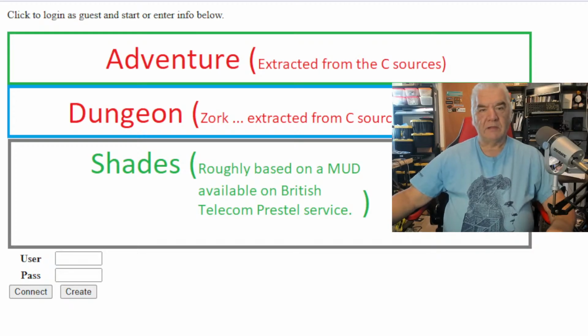And then I took various C implementations of the adventure game, which is one of the original text-based games, and Dungeon, which came out as Zork 1, 2 and 3. I slowly added some extra functionality to make sure that all these games were fairly easily implementable.